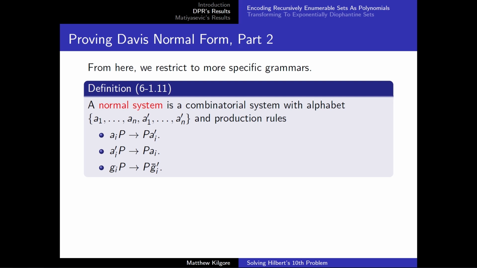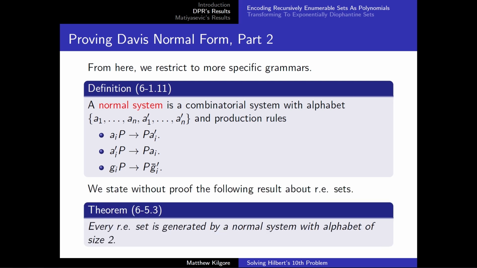Thankfully, there is one nice thing about normal systems. Every recursively enumerable set is generated by a normal system with an alphabet of only 2 letters. Now, I'm not going to prove this, largely because it's fairly involved and we don't have infinite time.